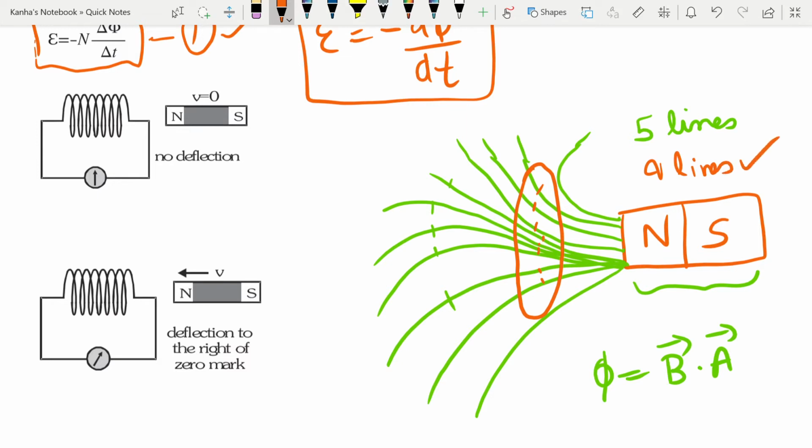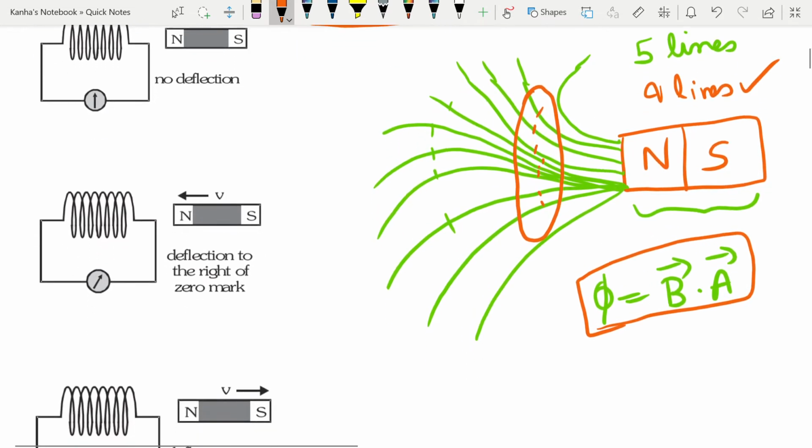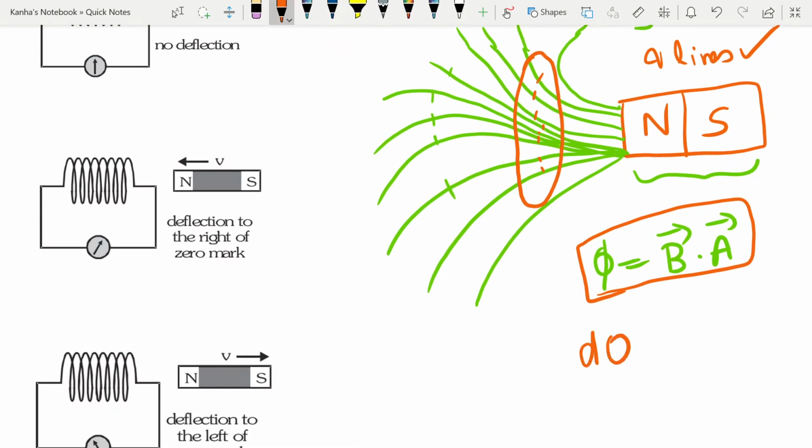So the number of lines passing through the circuit surface has increased. Because of this, by this formula, the total flux linked with the coil has increased. So what does this mean? There is a change in the flux with a change in time, it's not equal to 0. That is why an EMF is induced in the coil.